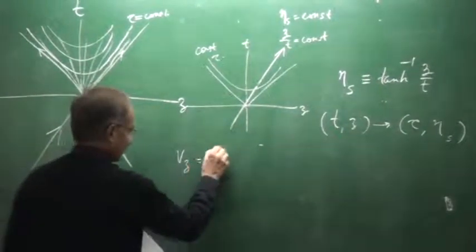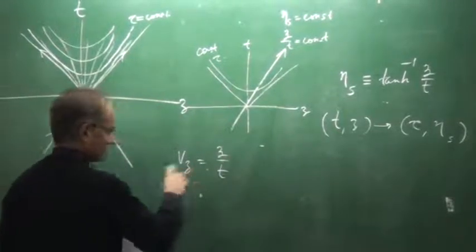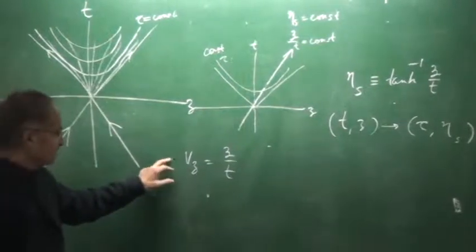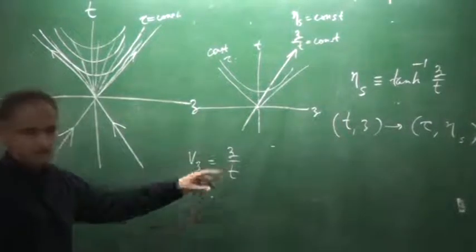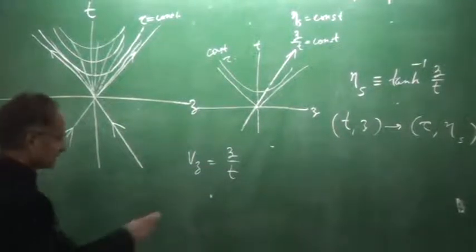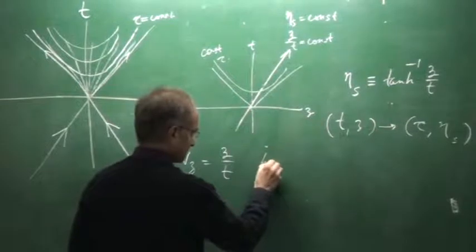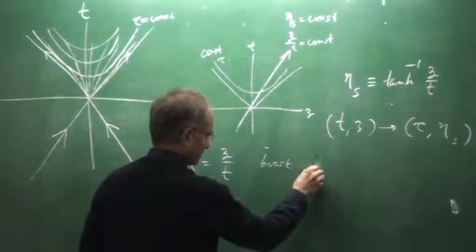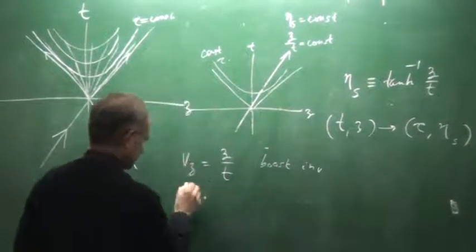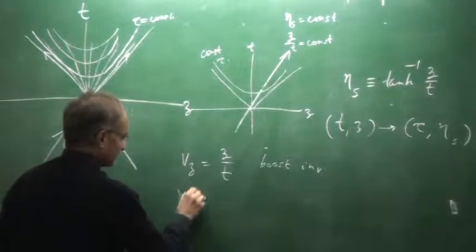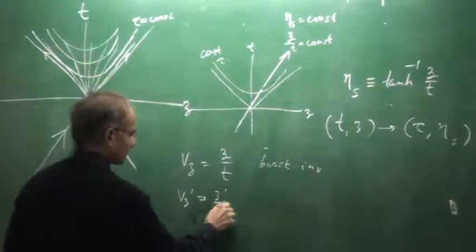I said that the Gaussian picture assumes the velocity of a particle at z at time t to be this, which is a boost invariant description. Which means if this is correct, then Vz prime is also equal to z prime upon t prime.